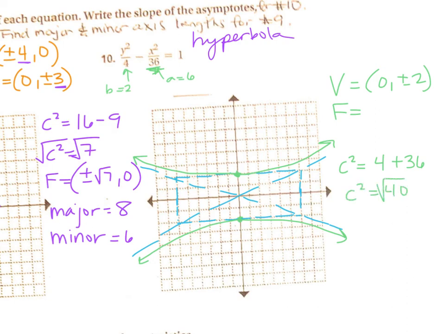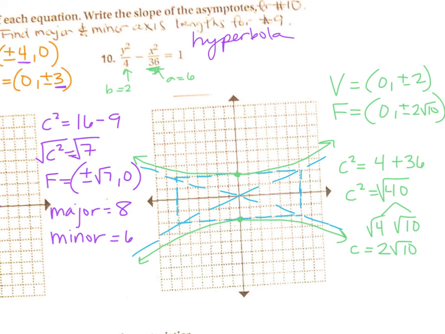And then we want to take the square root. So that's going to be the square root of 4 and the square root of 10, or 2 rad 10, for our c value. So that means our foci are going to be at 0 plus or minus 2 rad 10.